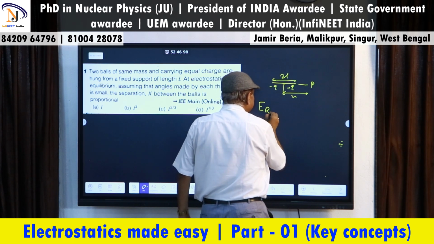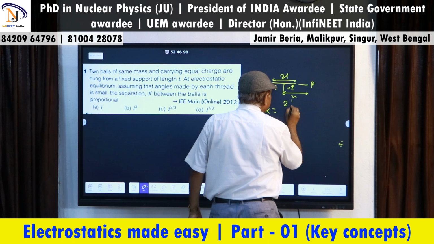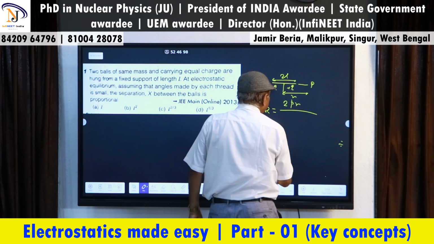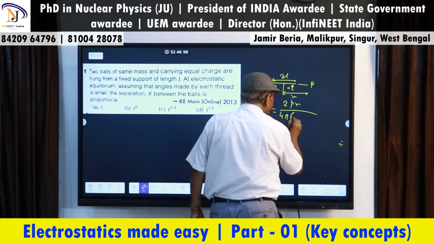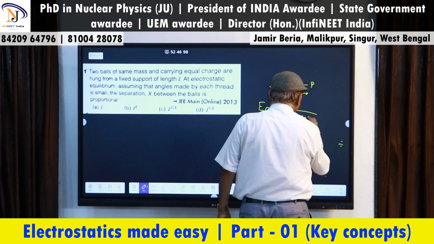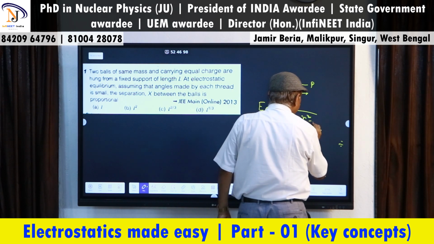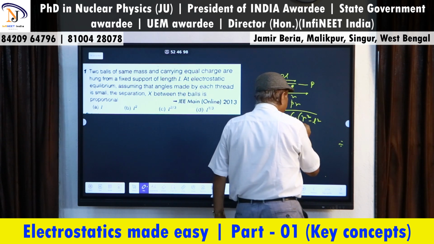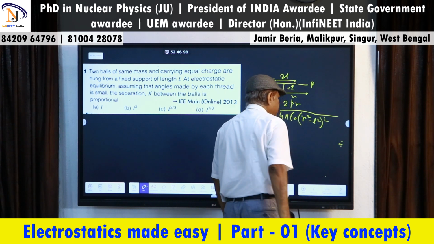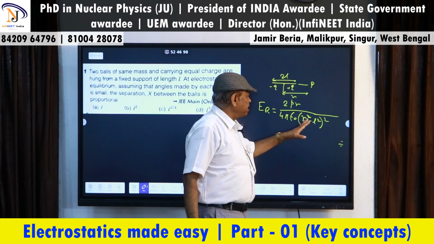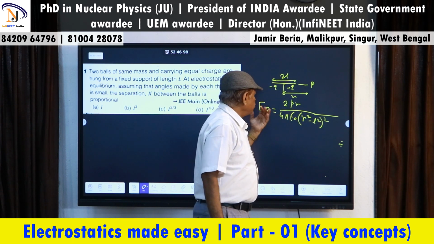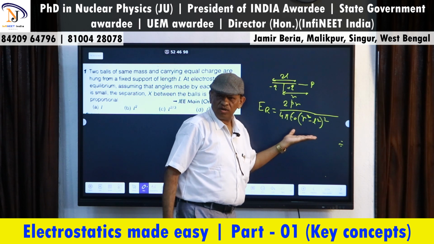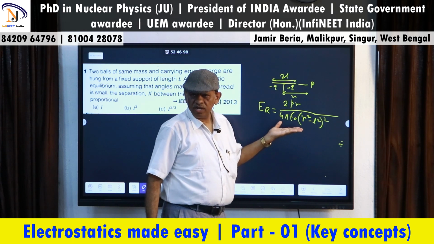E resultant equals twice PR divided by 4 pi epsilon naught, R square minus L square, whole square. Is it clear or not?